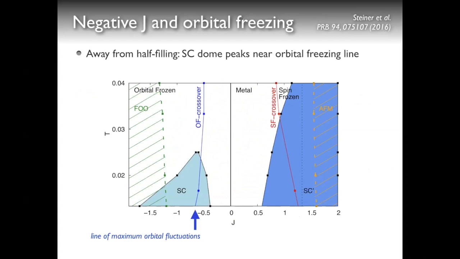And in fact, for 2 orbital systems, one can easily show that if we flip the sign of J, the effect is to basically invert the roles of spin and orbital degrees of freedom. So basically spin freezing maps to orbital freezing, and the physics is pretty much equivalent.